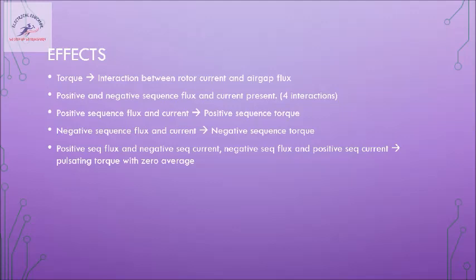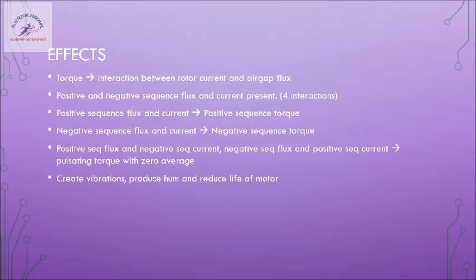Now what happens? These torques will create vibration and produce a humming noise, and this reduces the life of the motor because there will be a lot of stress in the rotor. There is a difference between absolute zero and two quantities of opposite direction stressing the rotor.